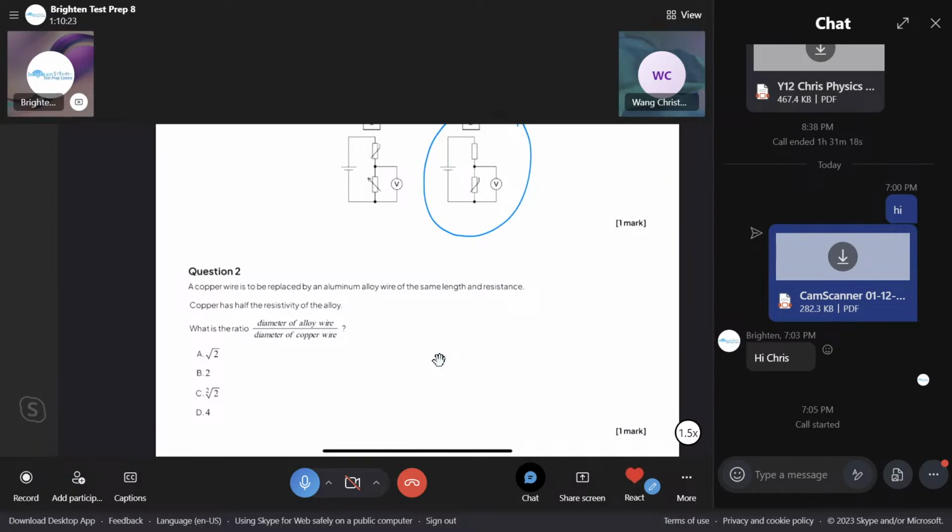So we want to know the ratio of the diameter of the two different types of wires, alloy and copper. What could be a point to compare or to generate a ratio, actually?